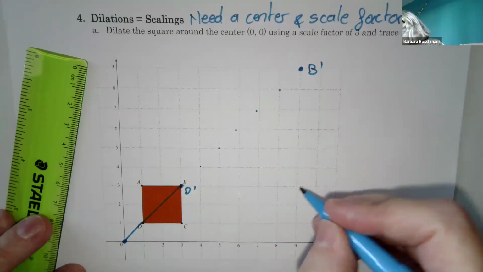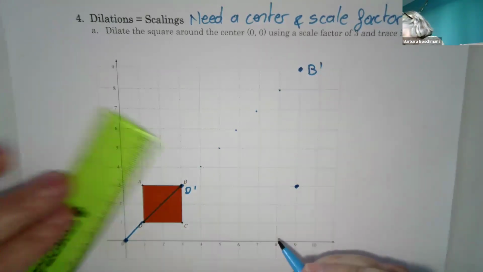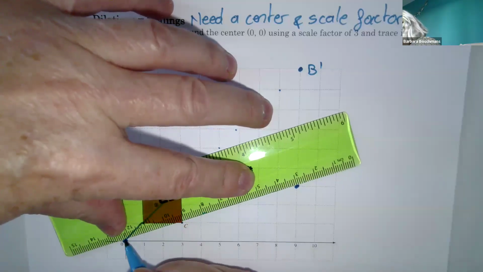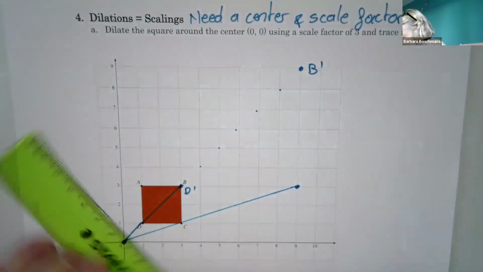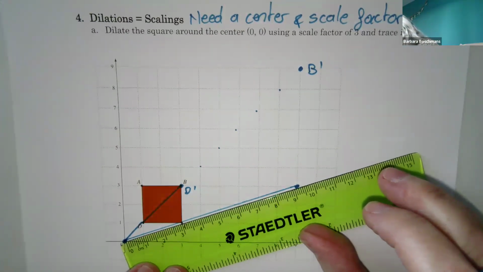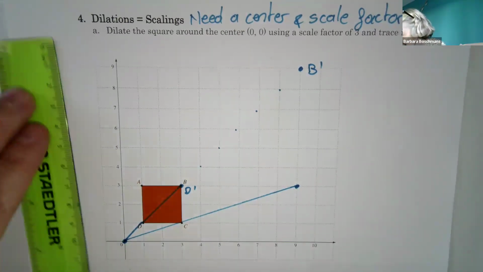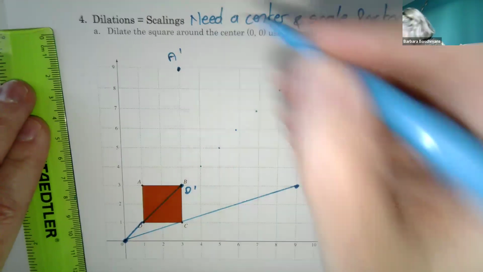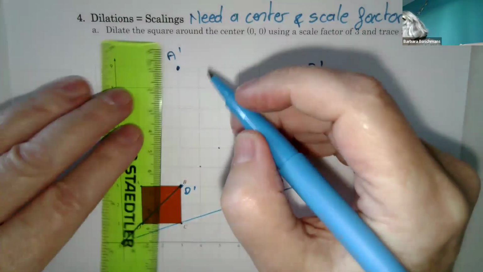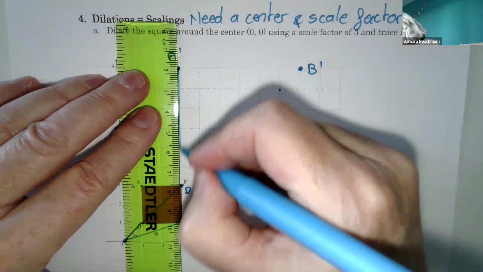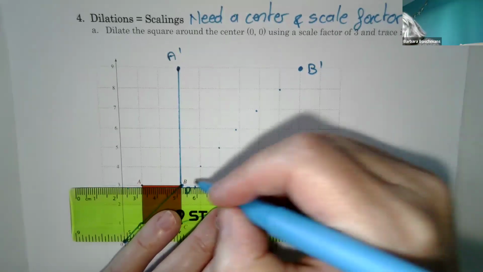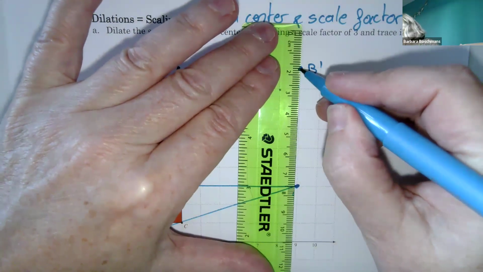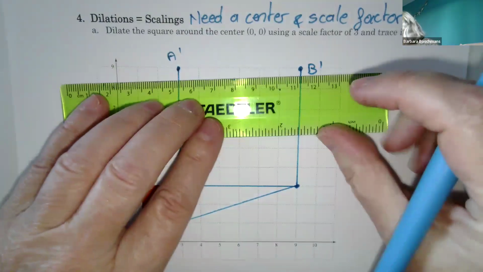And I am going to bet, since it has to be a square, that my C is going to end up right down here. Let's see if that's actually true. So if I measure the distance, it's 3 centimeters and 9 centimeters. And then A prime should be up here. So when I'm done, I will have a square that is similar, but 3 times as big.